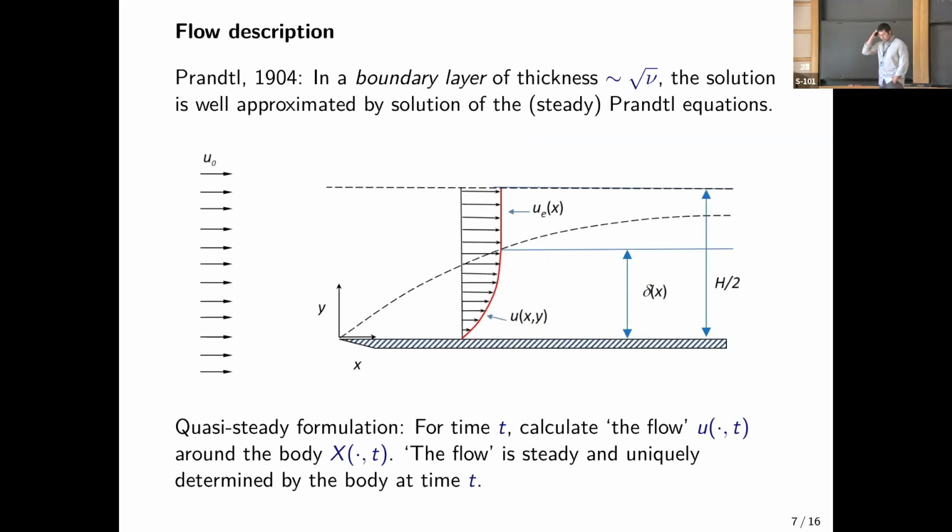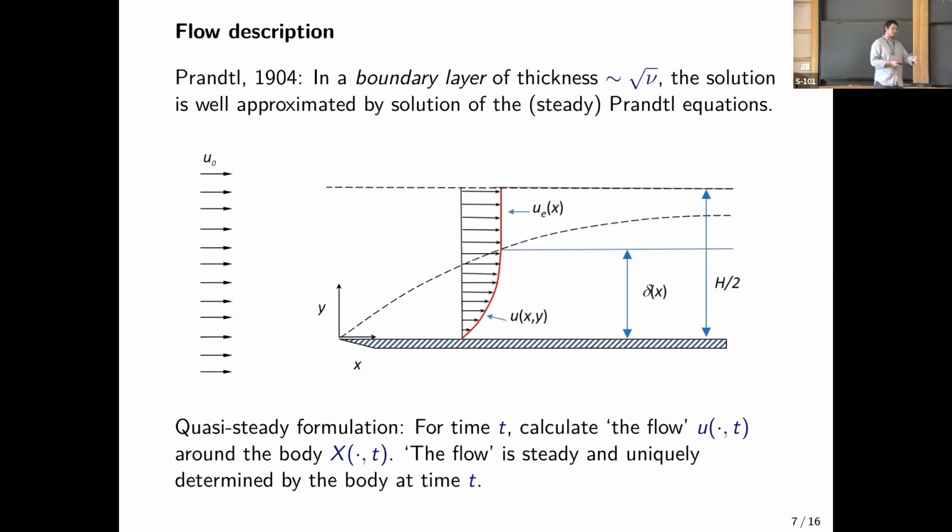So you have an erosion law, which lets you take a flow and calculate how the body should be eroding. So how does one calculate the flow? We describe the flow by a boundary layer. So what's the deal with that? Basically, in 1904, Prandtl hypothesized that at moderate to high Reynolds numbers, in a neighborhood of a solid boundary, you can have a reduced description of the flow in terms of a boundary layer.